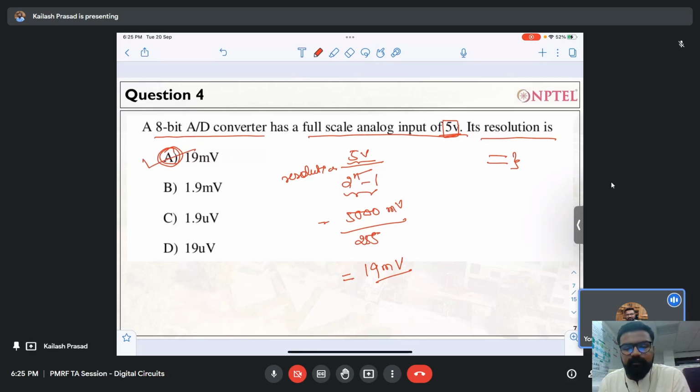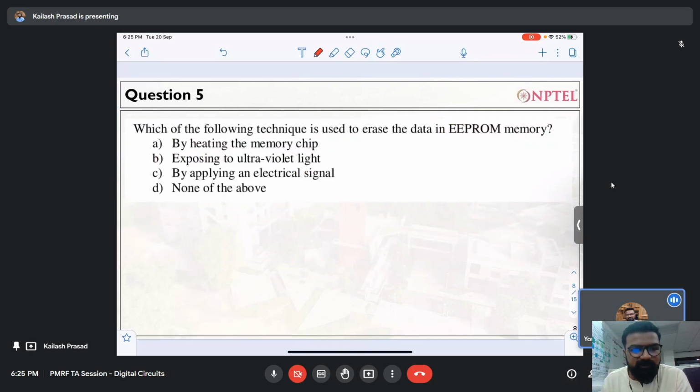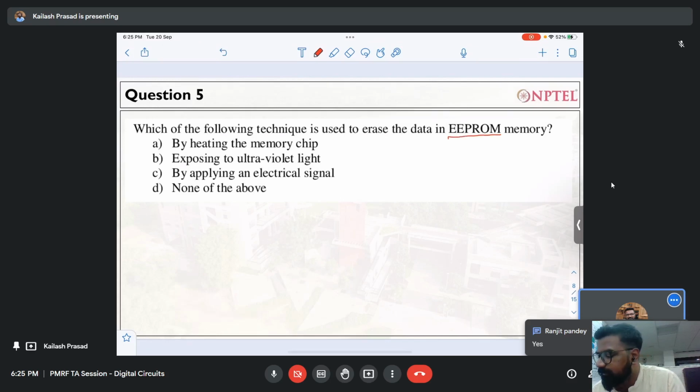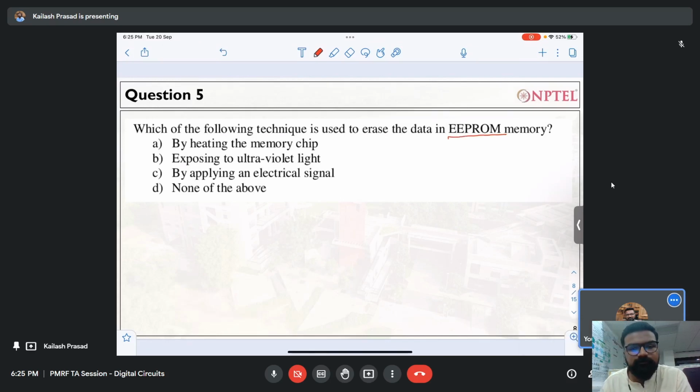Everybody agrees with that? Yes. Thank you. Moving to the next question. Very simple question. Which of the following techniques is used to erase the data in EEPROM memory? Anybody knows the full form of EEPROM?